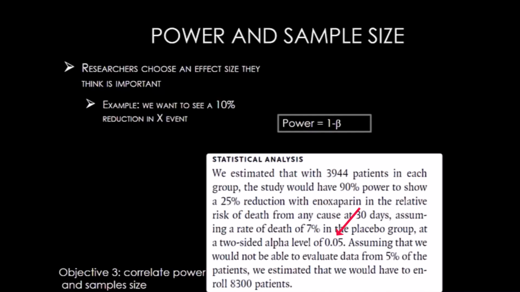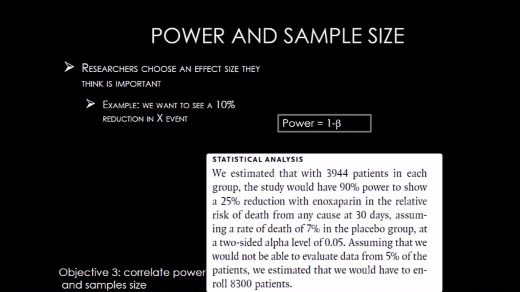Again, there's that given 0.05 for alpha. Assuming that we would not be able to evaluate data from 5% of the patients, we estimated that we would have to enroll 8,300 patients. So here we see the 90% power, the given effect rate, the alpha at 0.05, and then the assumption of a 5% loss of their sample patients.